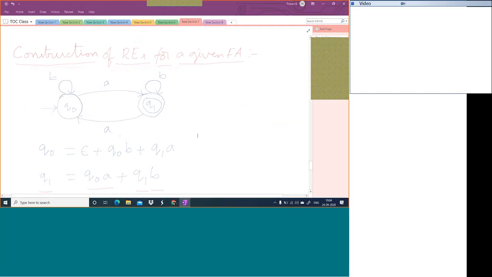First we will do construction of regular expression for a given transition diagram. Take this heading. Construction of a regular expression for a given transition diagram.